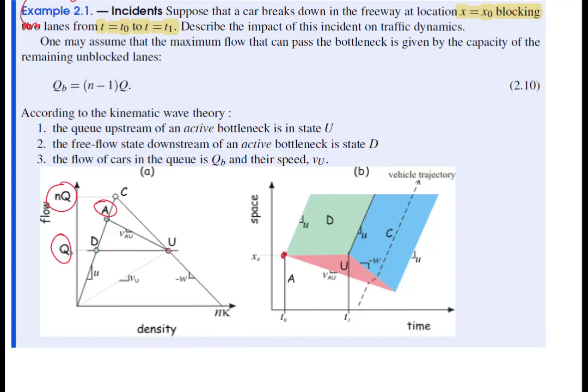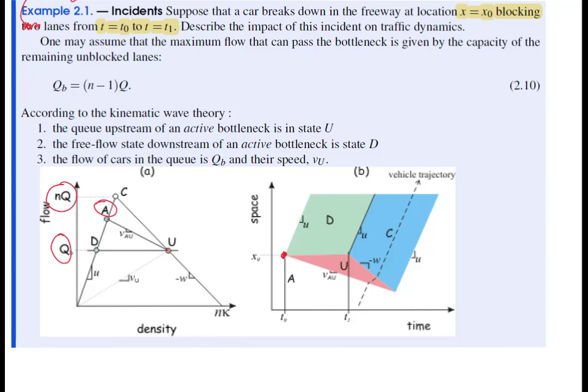If it's not active, it means the flow of traffic state A is less than the capacity, so everybody can still make it without delay. That's when A would be below this line. But to make it interesting, we need congestion, so A is above the line, and there's going to be a queue. This is the queue that forms.